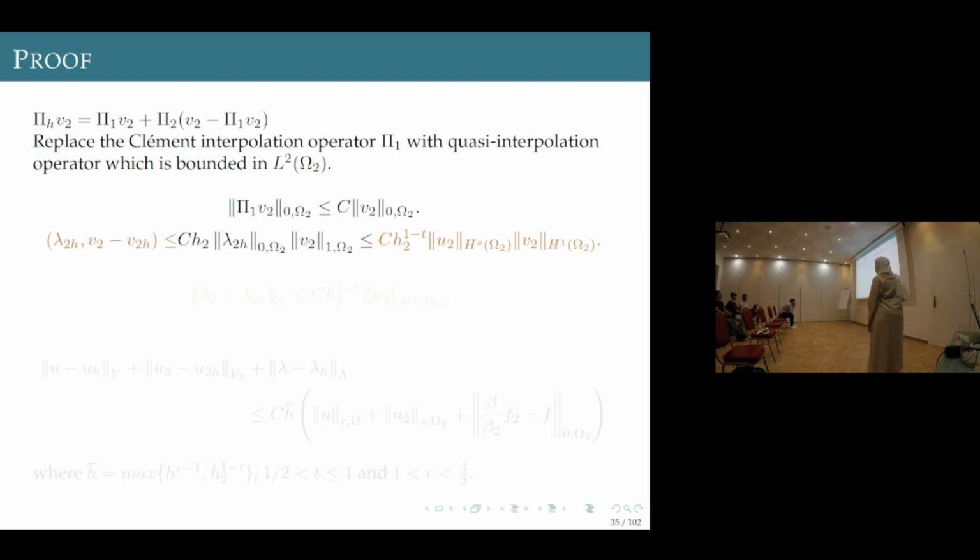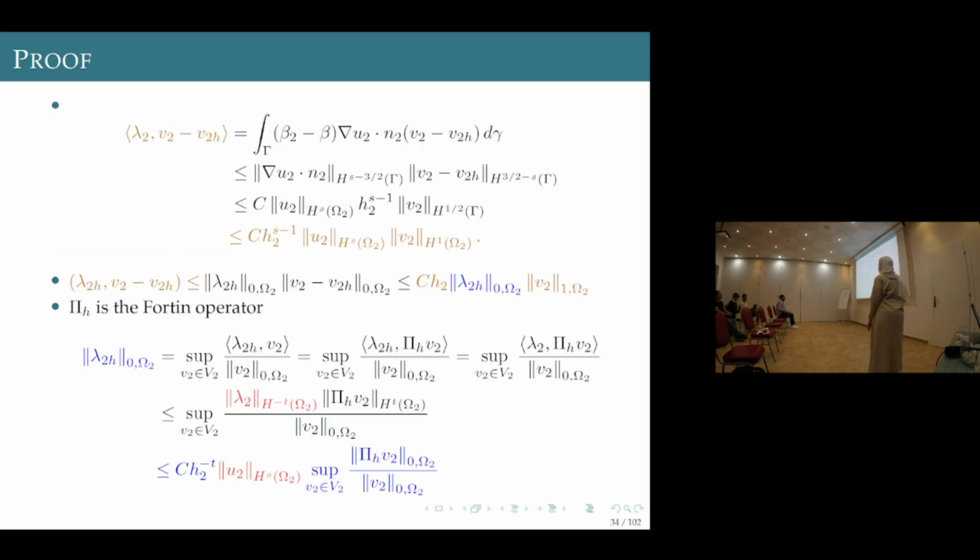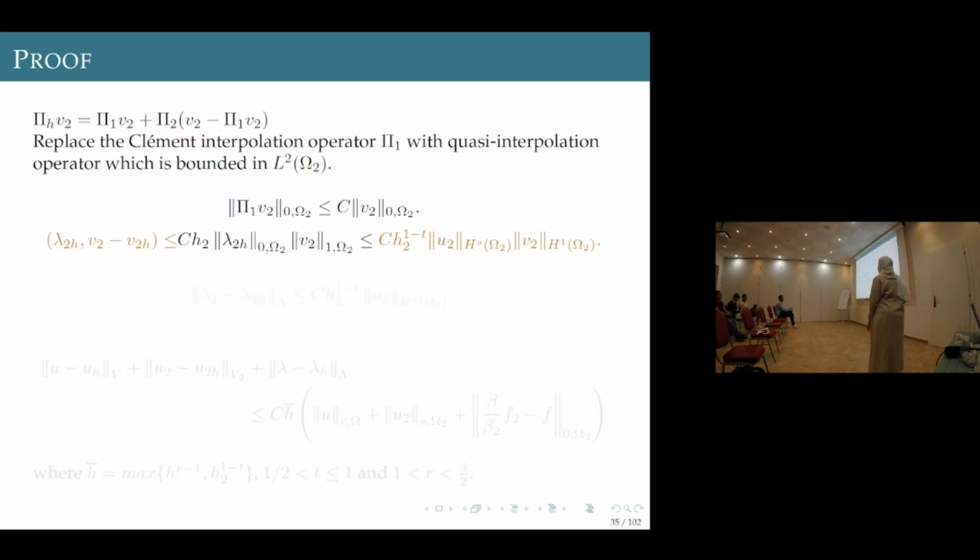Okay, so we're almost there. We need to find the supremum there. We need to have this bounded by the L2 norm of V2 in order to cancel them. If you remember, pi H is the Fortin operator that we built, which is made of a linear combination of pi 1 and pi 2. If we replace the pi 1 from Clement interpolation with another quasi-interpolation operator that bounds in L2, we get this bound in here.